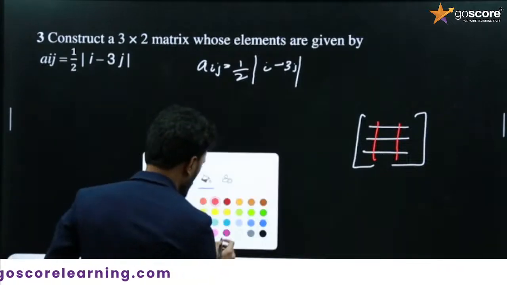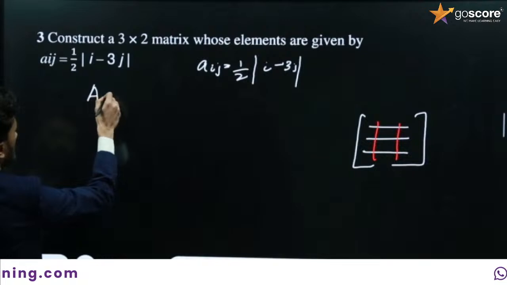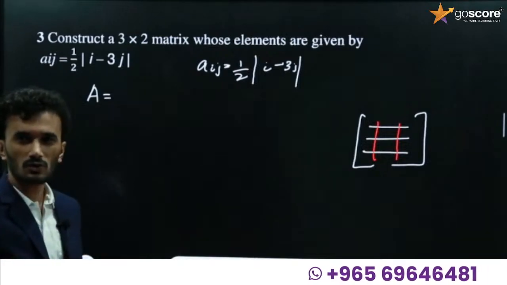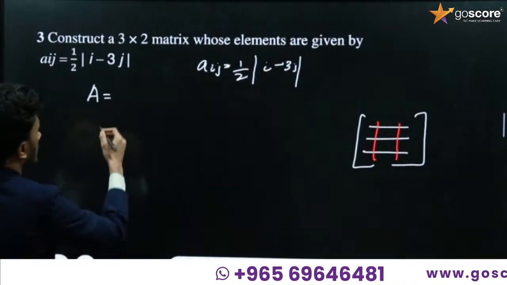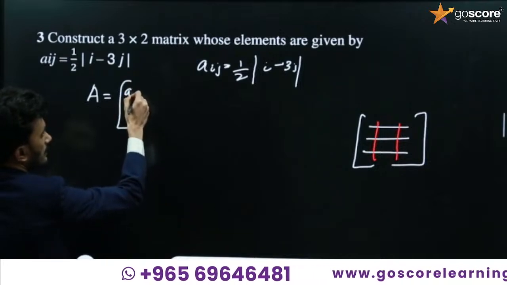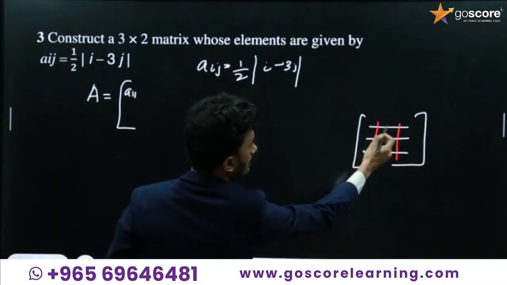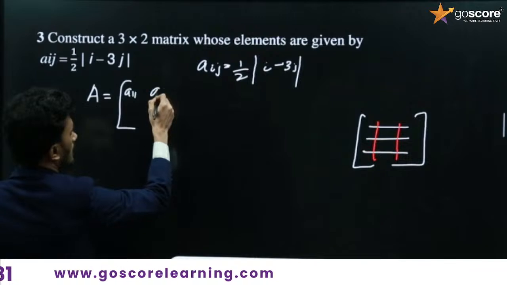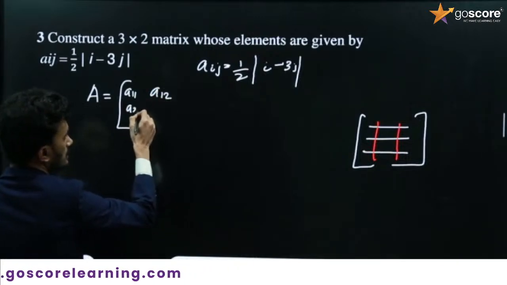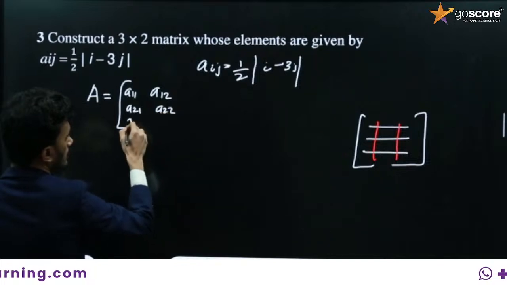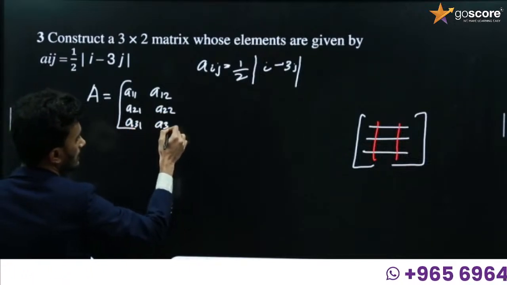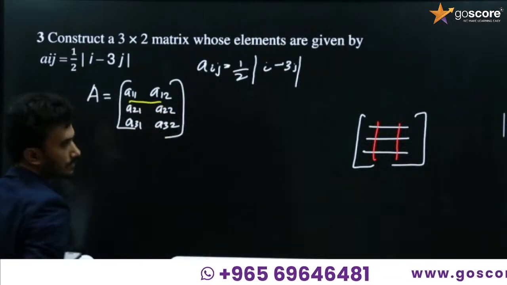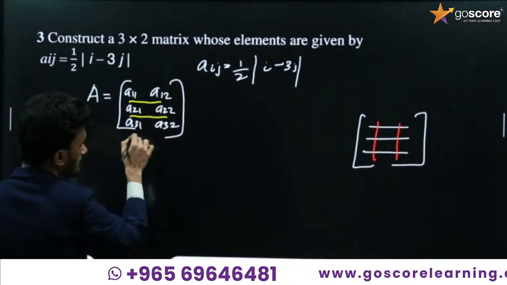So how can we represent this? Matrix A is equal to, you can take any capital letter A, B, C, etc. So A is equal to the matrix. The first element is A11, then A12, then here it is A21, A22, A31, A32. You can see the first row, second row, third row.